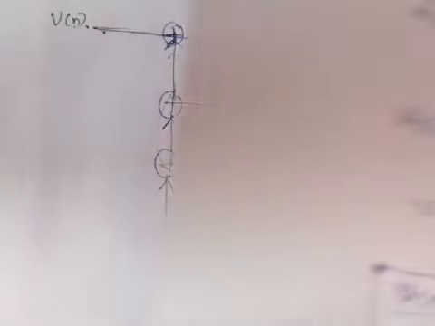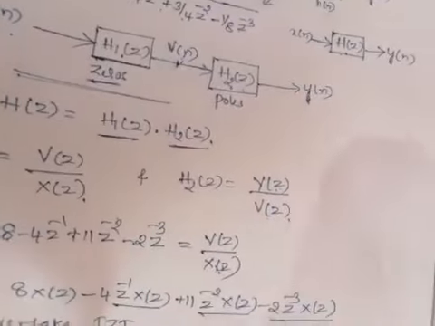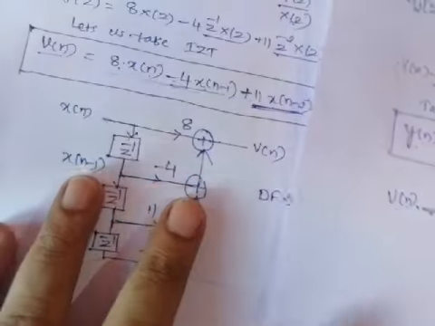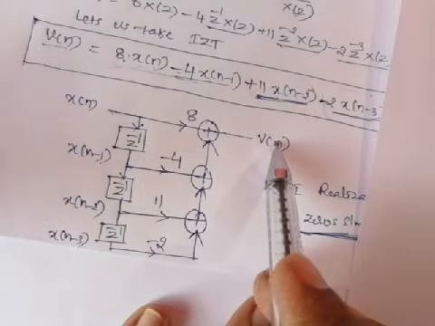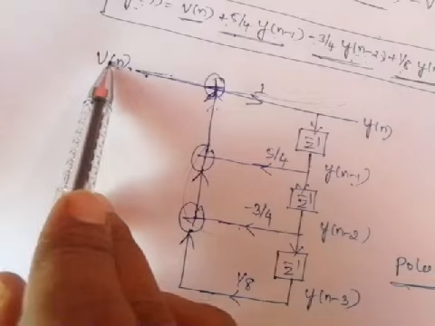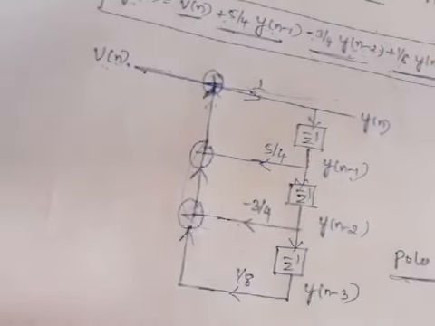These two diagrams are in cascade connection. Observe here, in the zero system the output is v of n. That is given as the input for the pole system. v of n is the input, and these two have to be performed in cascade connection.